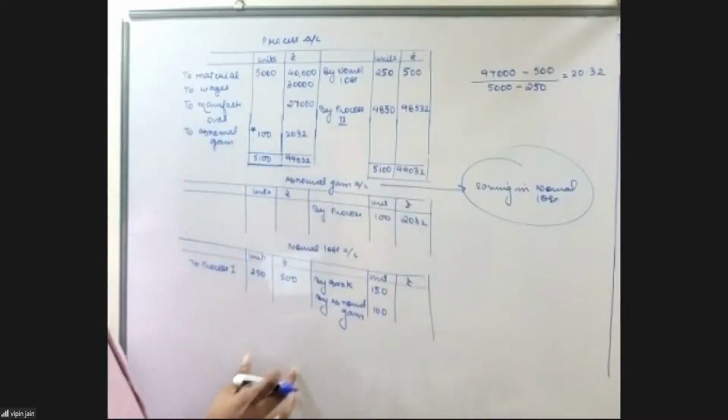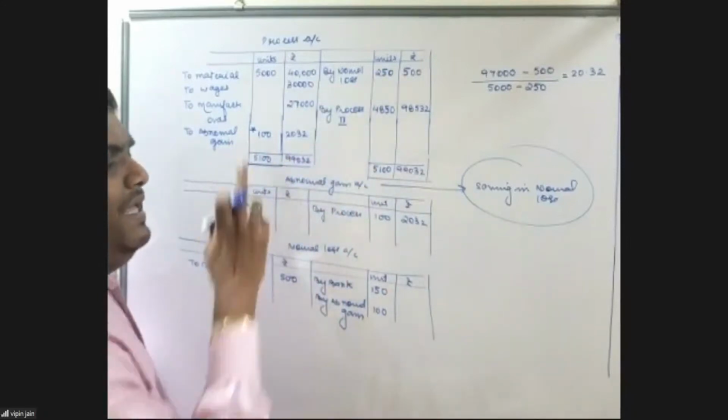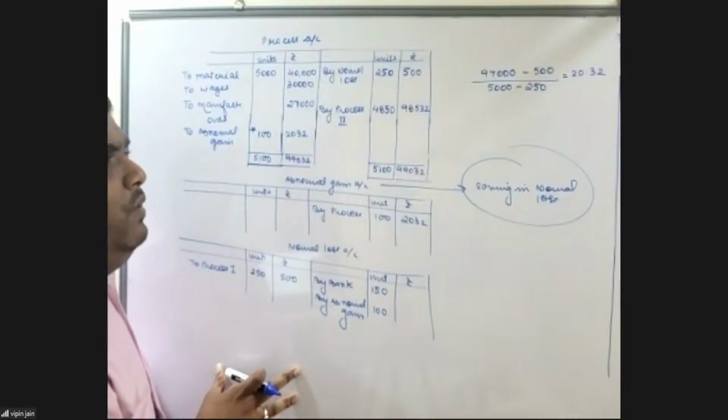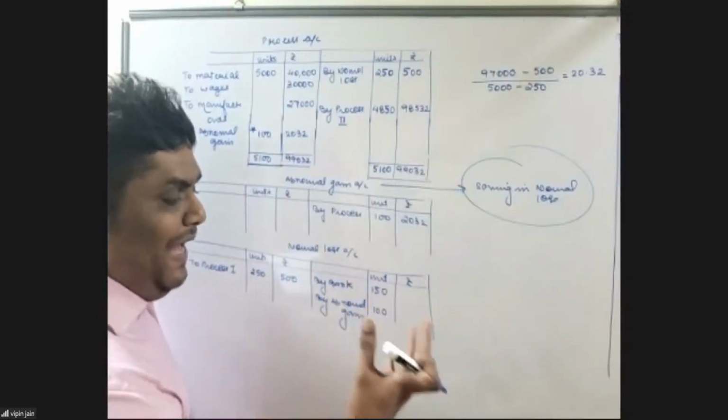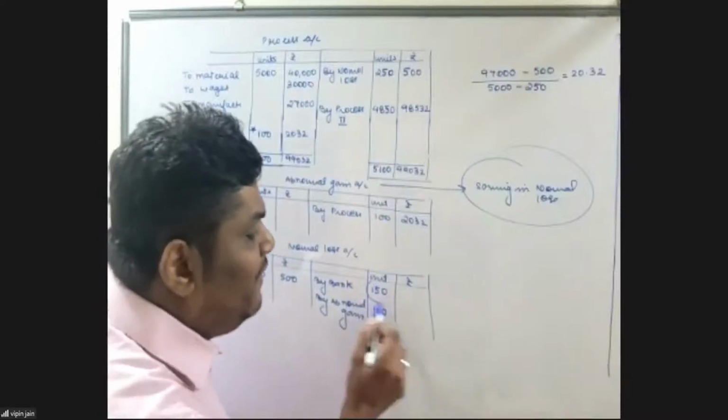I repeat again, there is a normal loss of 250 units. However, there is an abnormal gain of 100 units. So the actual units that are sold in the market are only 150 units.